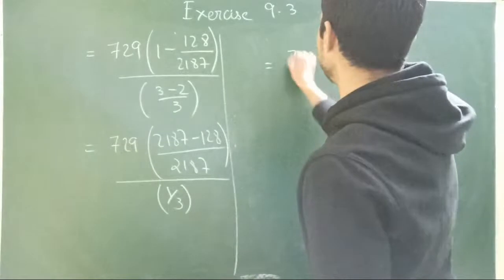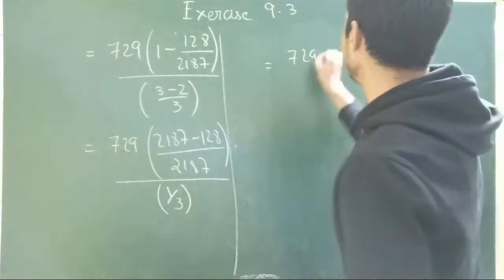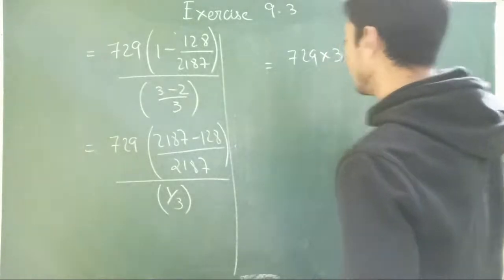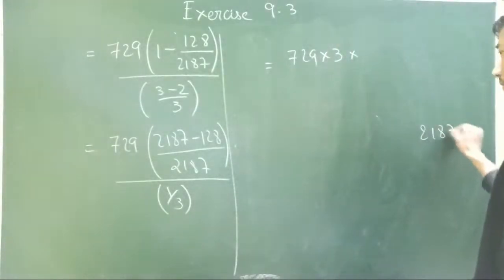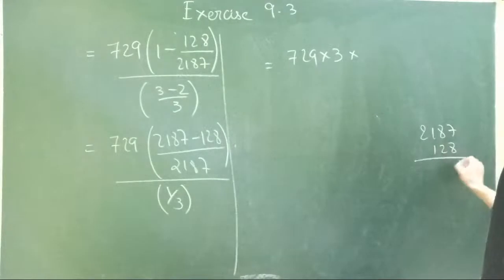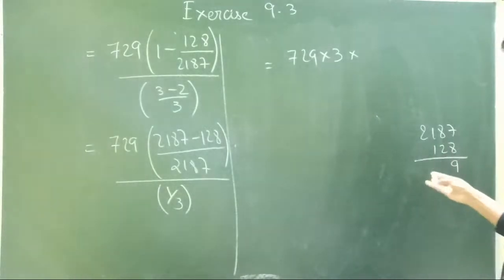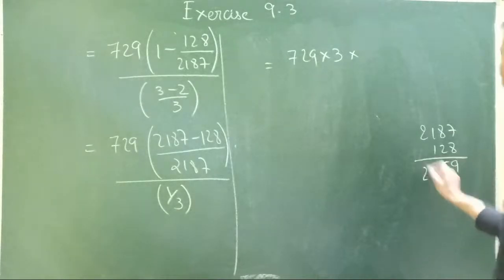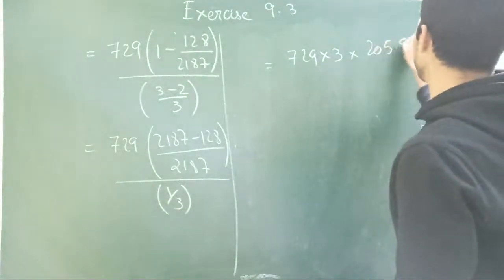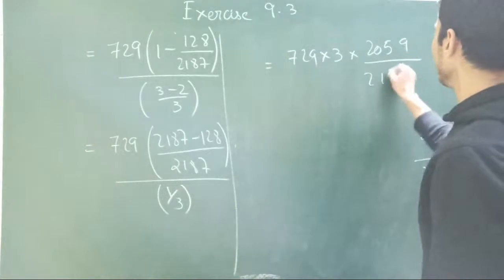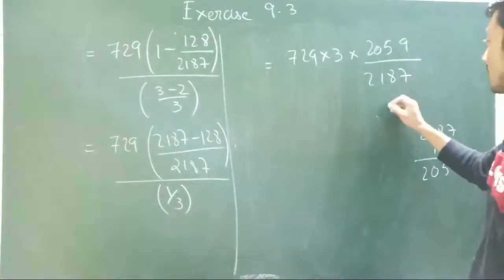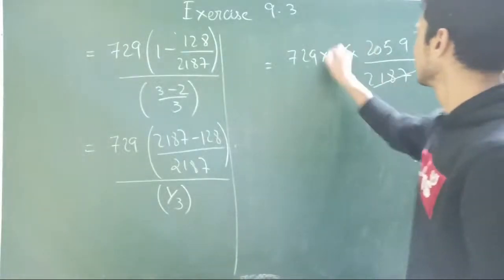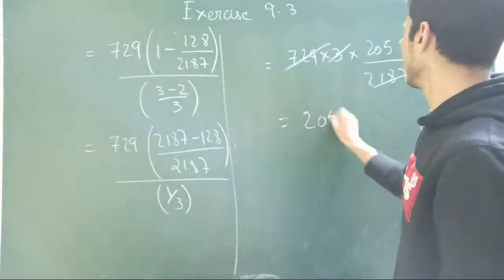So that's going to be 729, the 3 comes to the numerator, into 3 into 2187 minus 128. So that's 9, 2, 3, 4, 5, 6, 7, 5, 502, so that's like 2059 upon 2187. If you remember 2187, we had calculated as 729 into 3, so done. So the value is 2059.